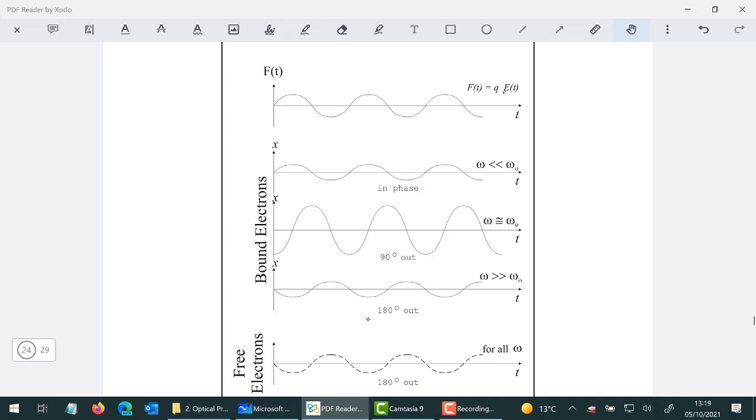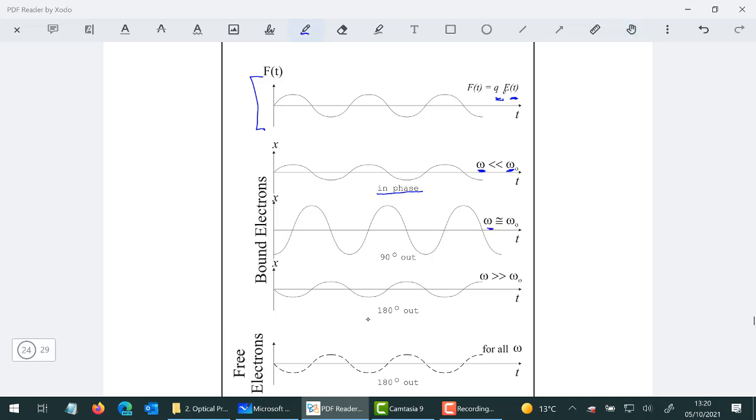So this is just a diagram which shows you the bound electrons. This is our input driving force, which is just equal to the charge on the electron times the electric field, oscillating in a sinusoidal way. For the bound electrons, if the driving frequency is much less than the resonance frequency, the natural frequency, then the bound electrons oscillate in phase.